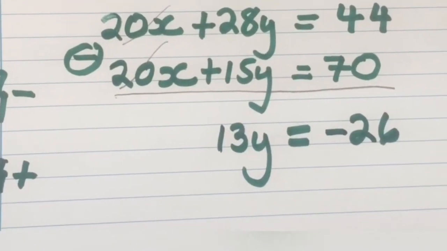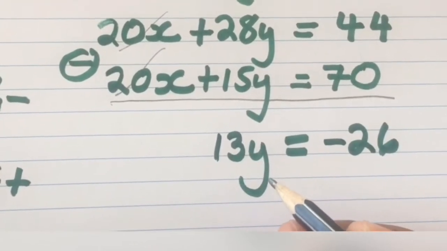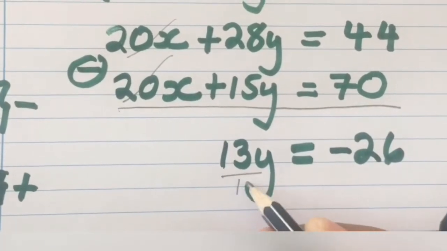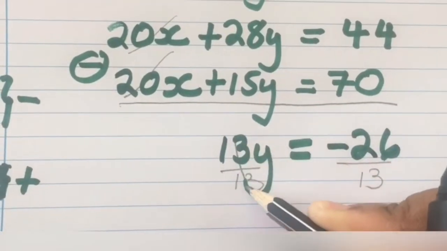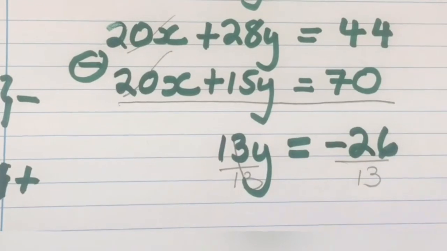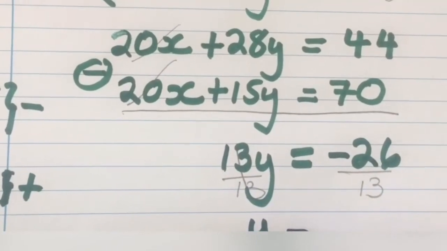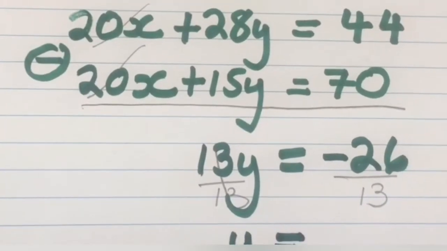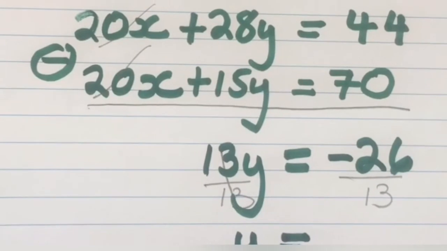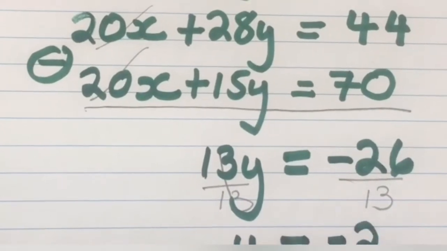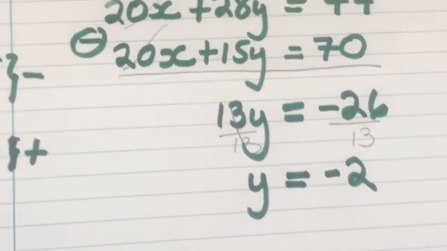Now that I have one unknown, I can divide by 13 to get rid of this 13. 13 divided by 13, I get 1y, which we just write as y, and that is equal to negative 26 divided by 13, which gives me negative 2. That means y is actually negative 2. So I got my solution to y.